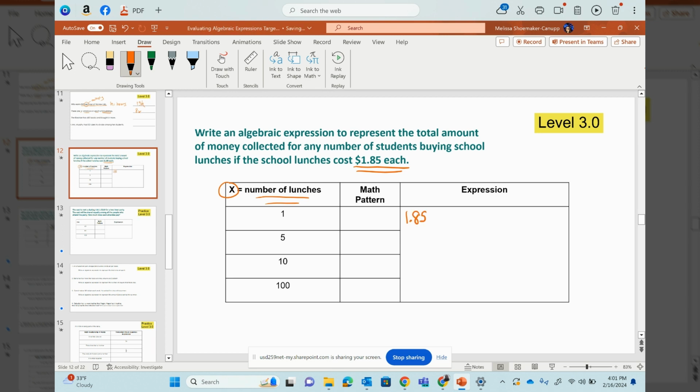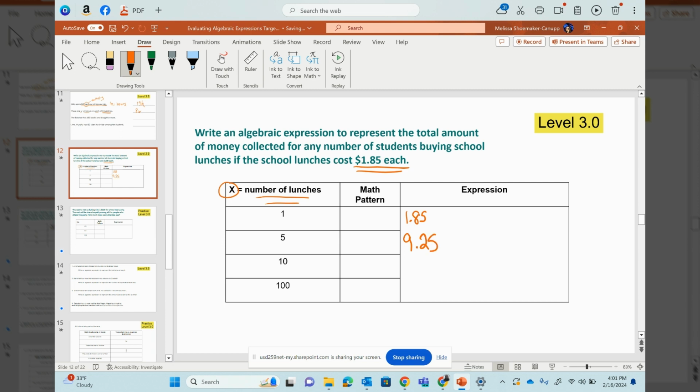Okay. Well, how much is 5 lunches going to be? How much would 5 lunches be? Let's think about that. Well, I could do $1.85 plus $1.85 plus $1.85 plus $1.85 plus $1.85. So I just added it together 5 times. What else could I do? I know it's going to be $9.25.